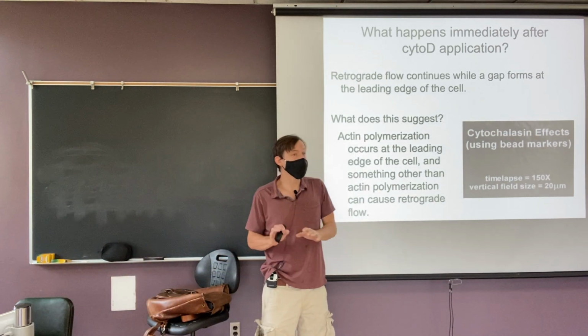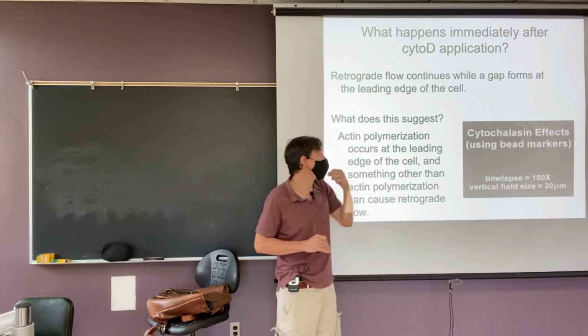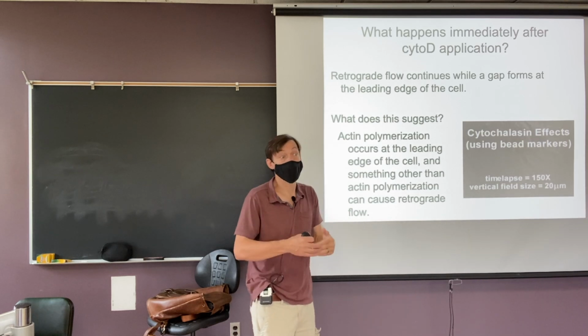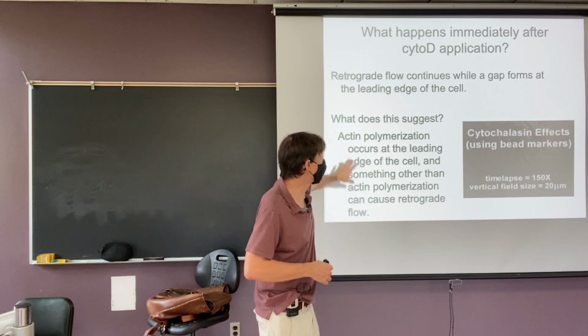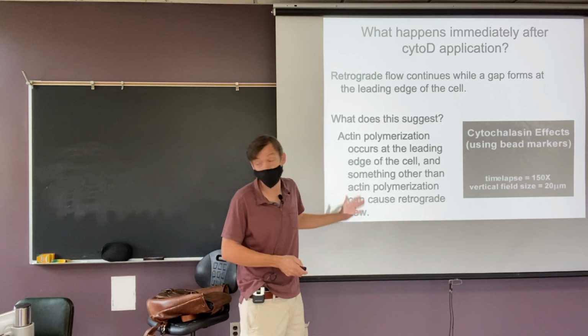It should be absolutely clear that actin filament polymerization is happening at the plasma membrane. And there are a lot of experiments that show it can drive this retrograde flow or make a contribution. But there's something else besides actin polymerization that's happening here.